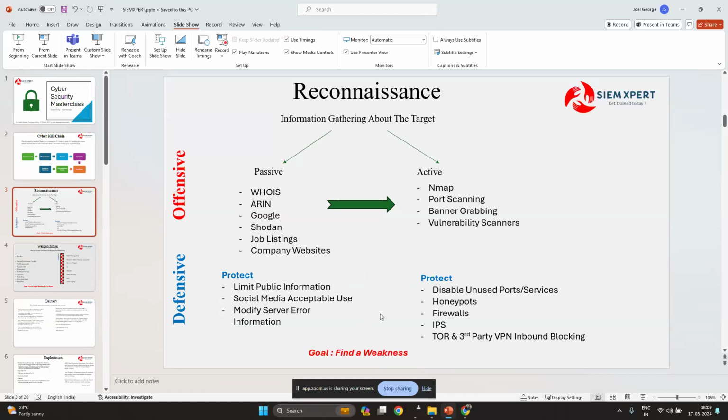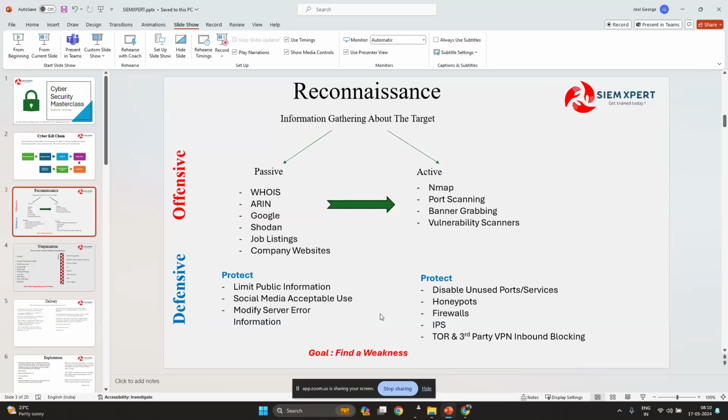If you're an employee of a certain organization, there are certain organizations which don't allow posting of their office space, how their office is set up, and job listings. Companies tend to limit the job postings on what kind of solutions they use, let's say software solutions or security solutions. That is one way organizations can protect themselves.